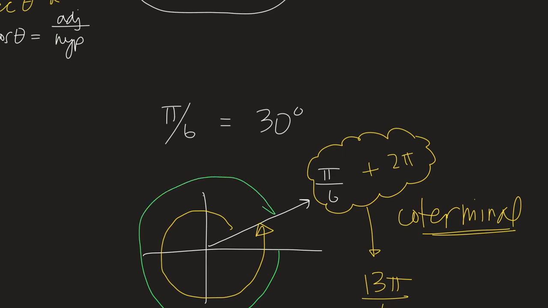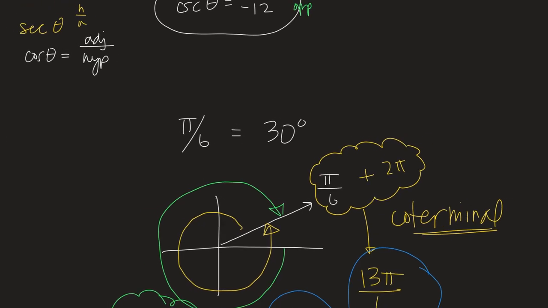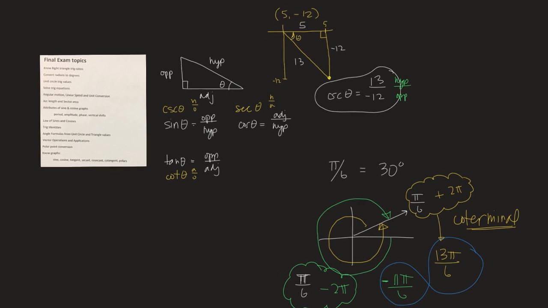What would I end up at? Well, that would be negative 11 pi over 6. In other words, I would subtract 2 pi from my given angle. So I can find any coterminal angles by adding to my given angle and by subtracting from my given angle. So these two are my coterminal angles: negative 11 pi over 6 and positive 13 pi over 6. Coterminal means ending at the same place.